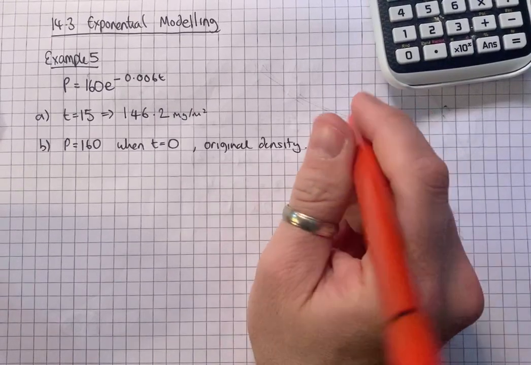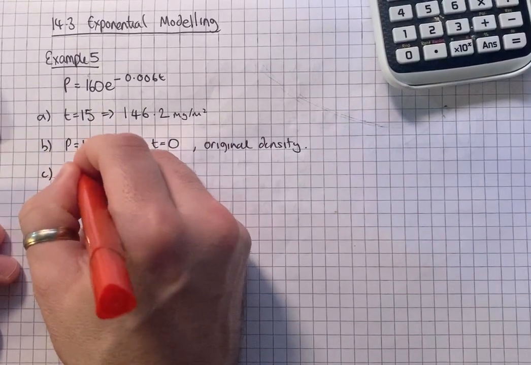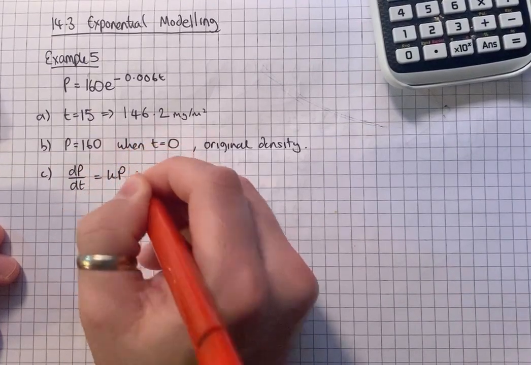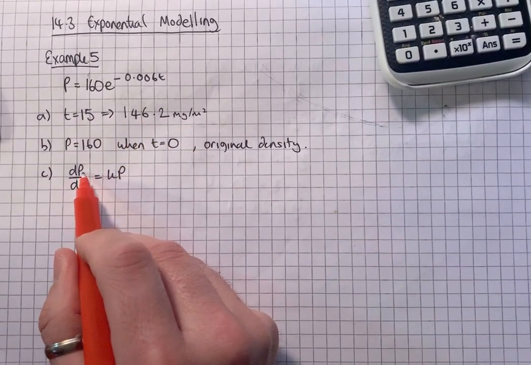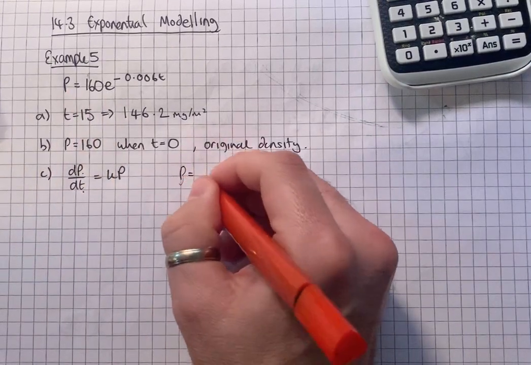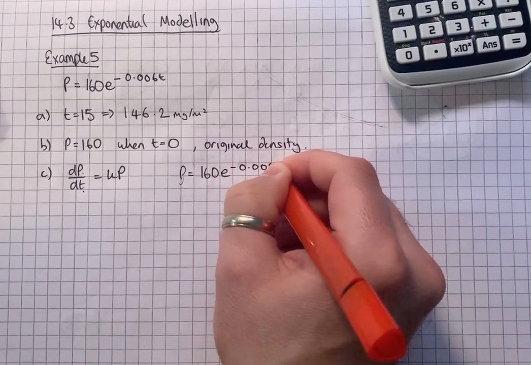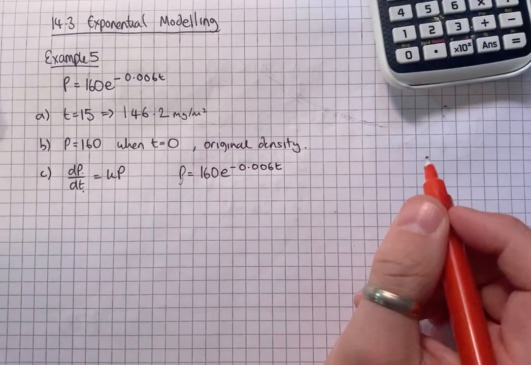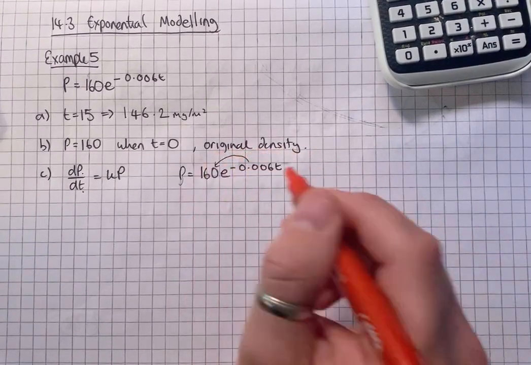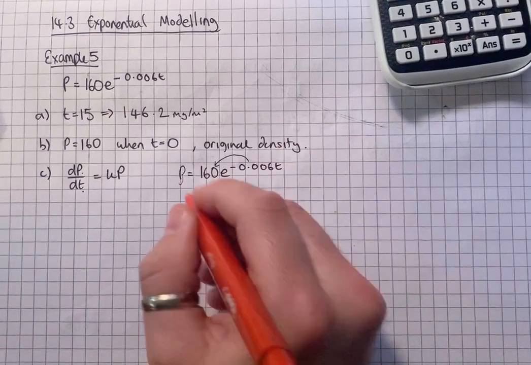C, work out or show that dP/dt equals kP. So this means to differentiate P with respect to t. So here's P. We learnt in the last lesson how to differentiate an exponential function. We just multiply by the coefficient of the power, and then this bit stays the same.